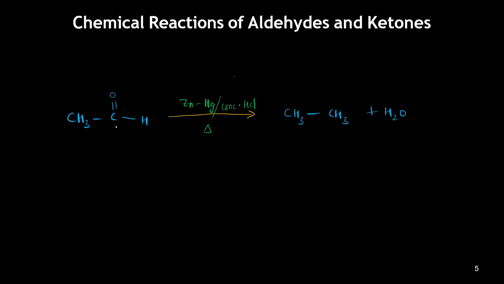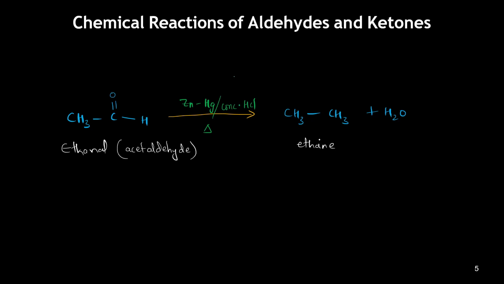How many carbons are there? Two carbons. If it is two carbons, what do we call it? Ethanal. Yes, perfect. What is the other name for ethanal? Acetaldehyde. Remember. So this ethanal, acetaldehyde, will be reduced to ethane.